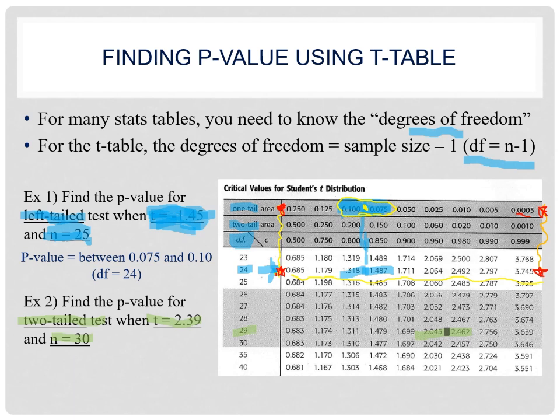As I move straight up, this time I'm going to stop at the two-tail area, right there. If 2.39 is in between those two digits, the p-value must be somewhere in between those two, 0.02 and 0.05. And there it is there.